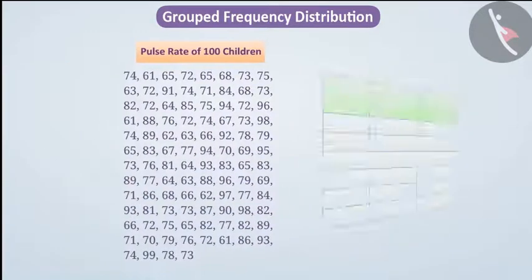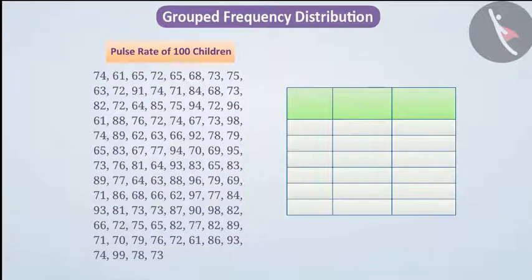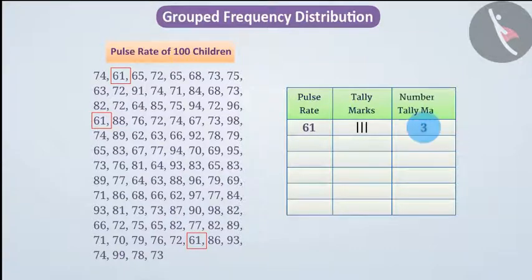Another way of arranging these is that we create a table and write the pulse rate in the first column and show how many times the pulse rate is repeated in the second column as tally marks, and write the number of the tally marks in the third column. This number will tell us how many times the pulse rate is repeated in the data.